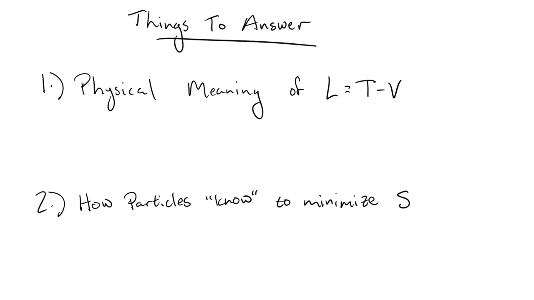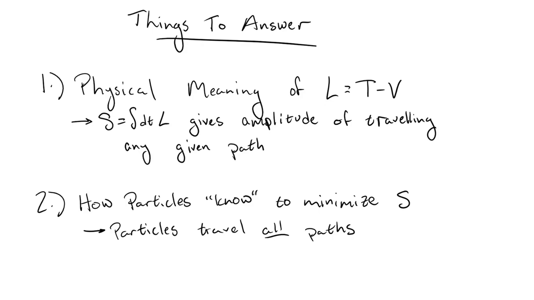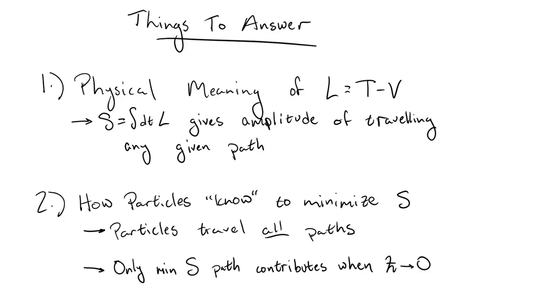Our solutions to these problems came from allowing the particle to travel every path simultaneously, so the particle doesn't have to know anything about the path that it is taking. The form of the amplitude corresponding to the particle taking an individual path happened to be in terms of the Lagrangian, giving it a physical interpretation. Finally, we showed that when quantum effects are undetectable, the only contribution to the total amplitude comes from the path which minimizes the action, just as we would expect from classical mechanics.